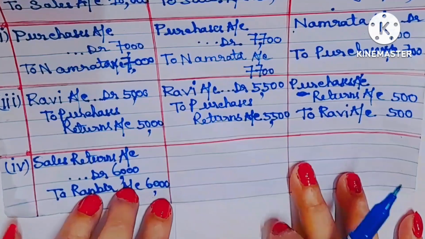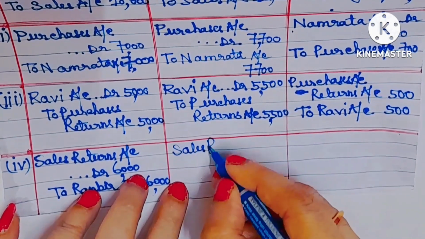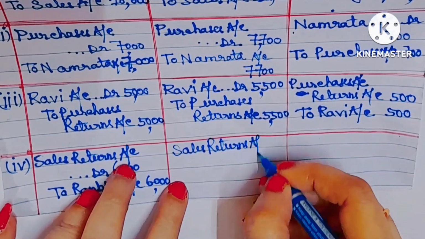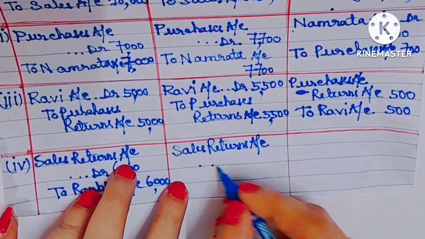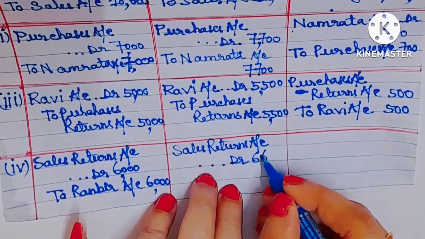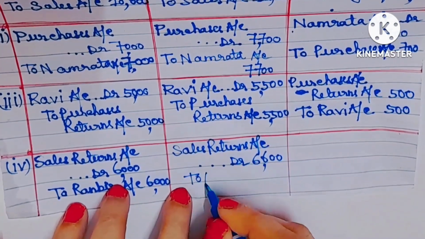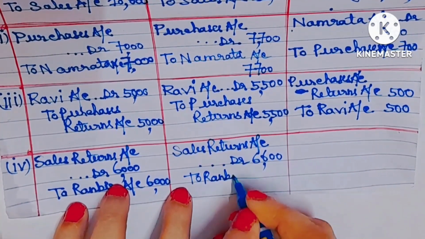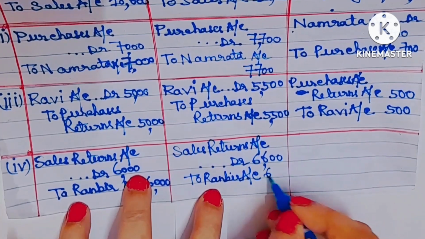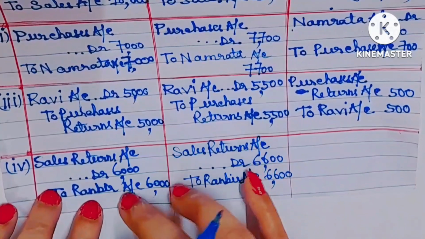So let's write sales returns account debit, instead of 6,000, they have wrongly recorded as 6,600 to Ranveer account 6,600. Instead of 6,000, they have wrongly recorded rupees 6,600. Okay. So the journal entry is correct.